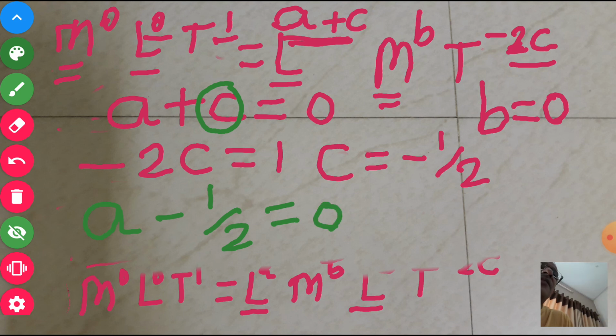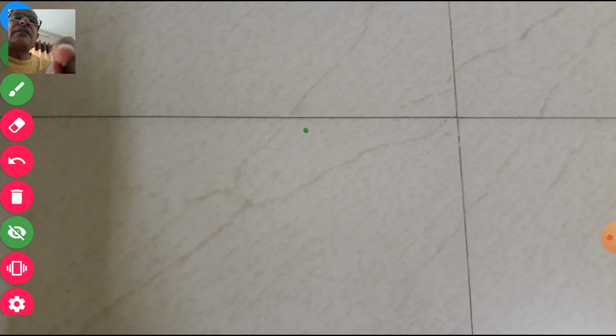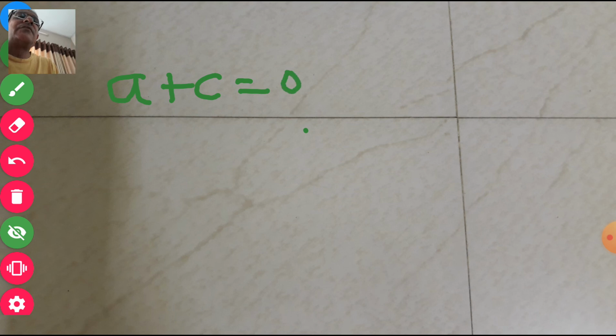Therefore A will be equal to 1 upon 2 with positive sign. We had A plus C is equal to 0.